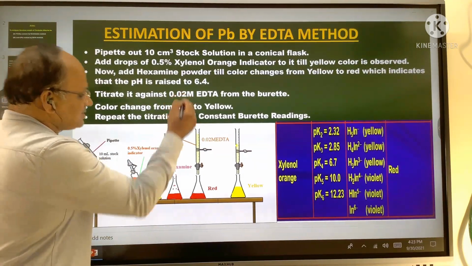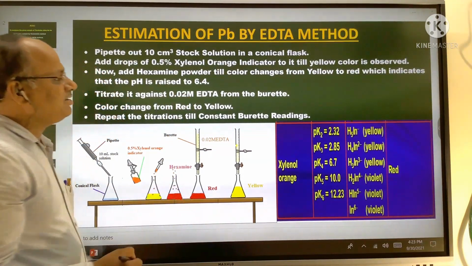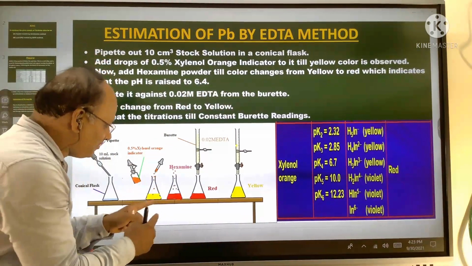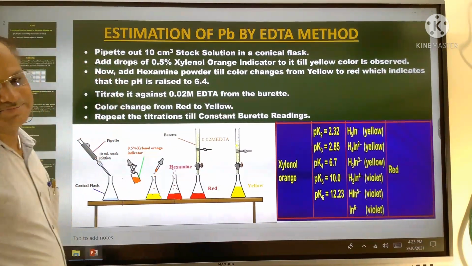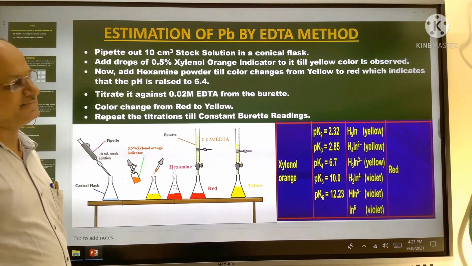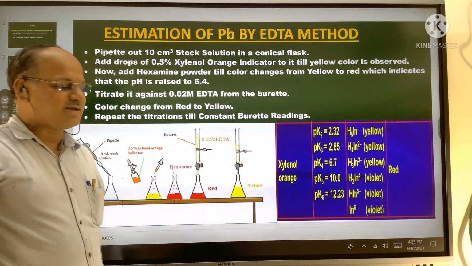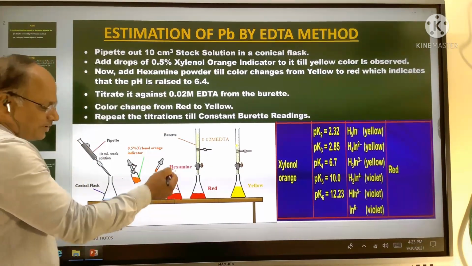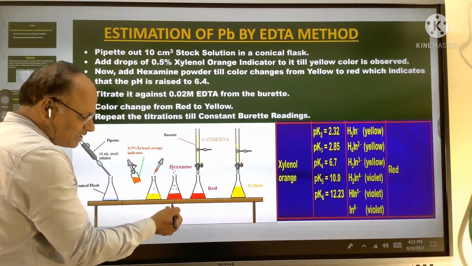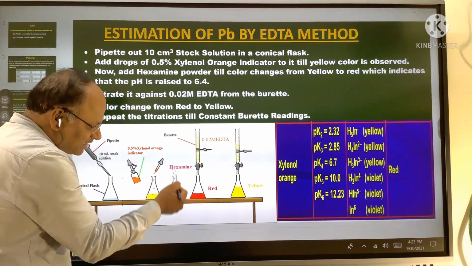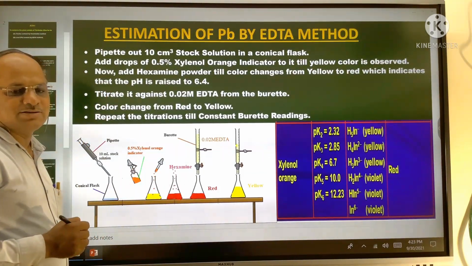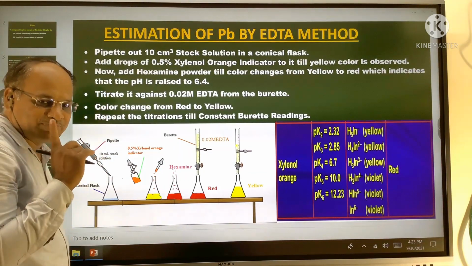Then you add hexamine powder till the color changes from yellow to red. Here you must remember that hexamine powder is white in color, but for your convenience I have shown the red color here.